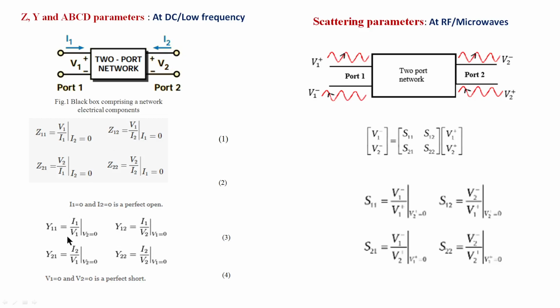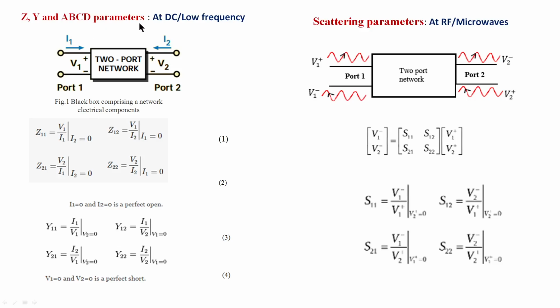So while measuring Y11, this must be short circuited. Similarly, while measuring Y22, this must be short circuited. So Y parameter measurements need a short circuit at one of the ports, and Z parameter measurements need the other port open circuited.